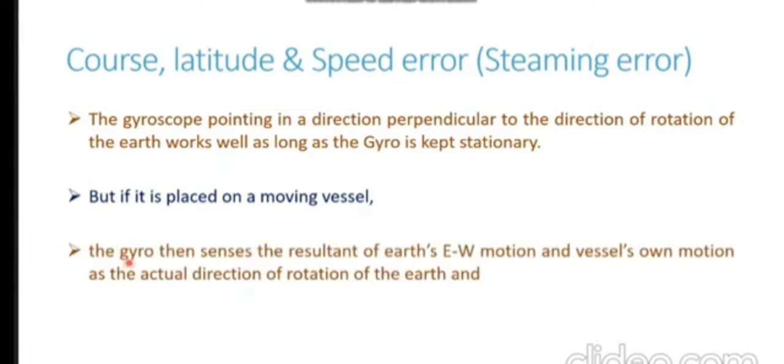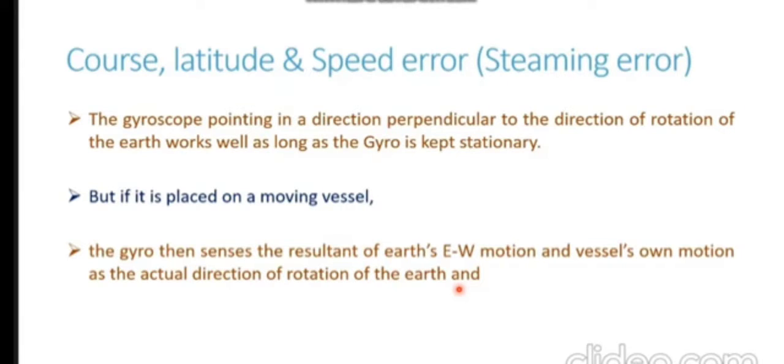Once the gyro is placed on a moving platform, a moving ship or any vehicle or a plane, the gyro then senses the resultant of the Earth's east-west motion and the vessel's own motion as the actual direction of rotation of the Earth. So the gyro doesn't know where it is placed. It doesn't know whether it is stationary or placed on a moving ship.